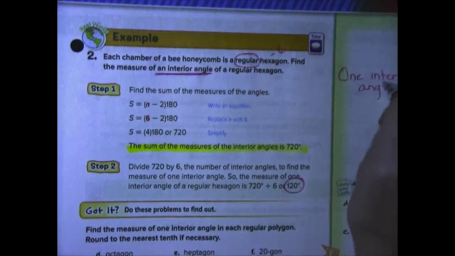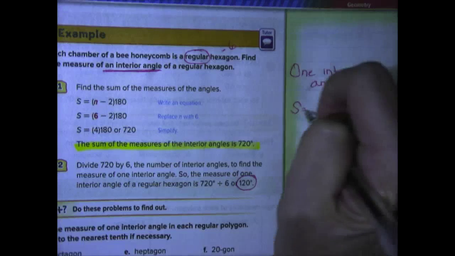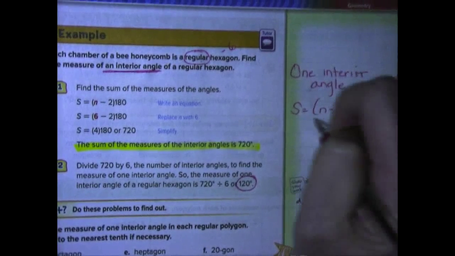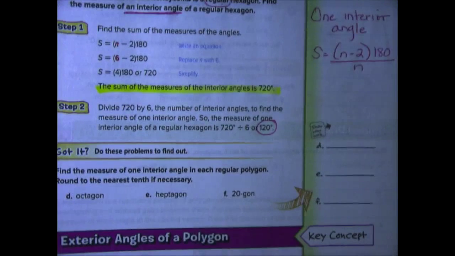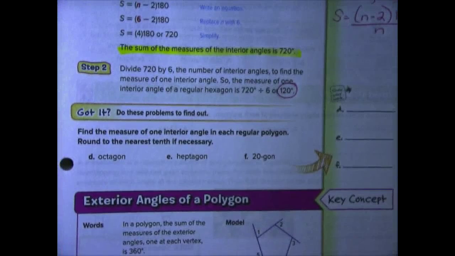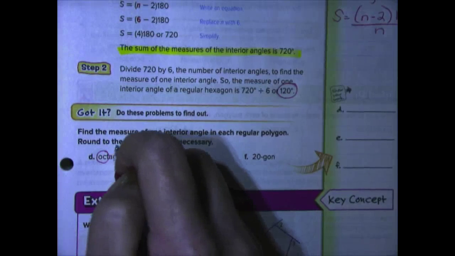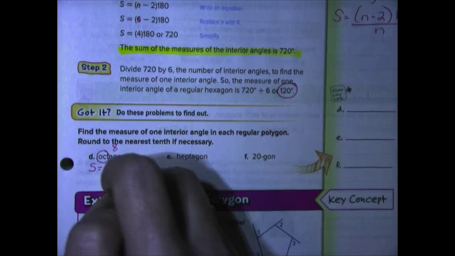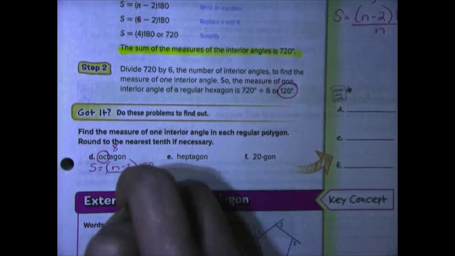If I want to find one interior angle, I'm going to write it S equals the difference of n minus 2 times 180 divided by n. So let's take a look at the examples. For example D, we've got an octagon. Well, we've already figured that one out, but let's do it again. We've got 8. We're going to take S equals n minus 2 times 180 and divide it by n.